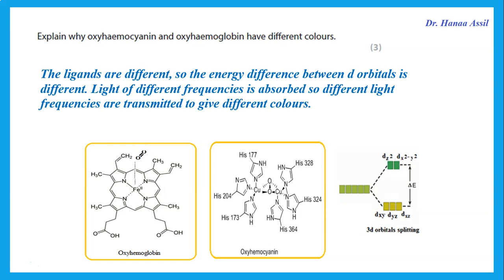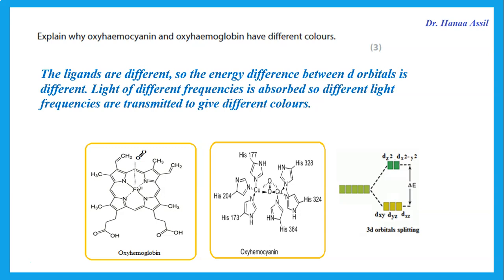So the energy difference between the d orbitals is different, and that means light of different frequencies would be absorbed, different light frequencies are transmitted, so different colors are observed. So this is the answer to why any two compounds do not have the same color. They will not have the same color if the ligands are different.